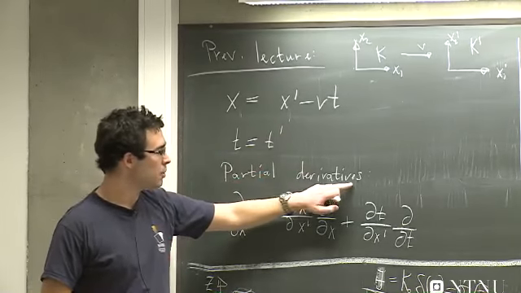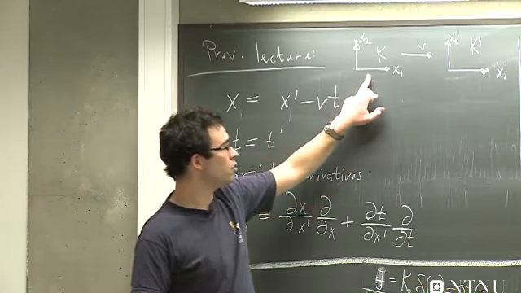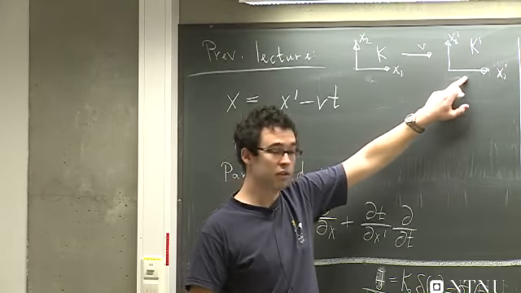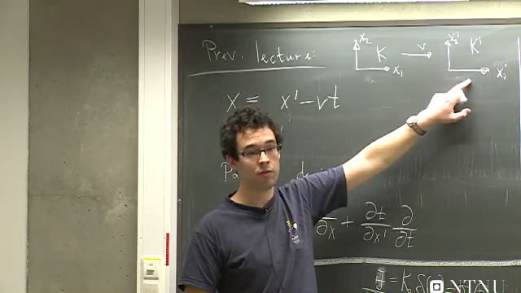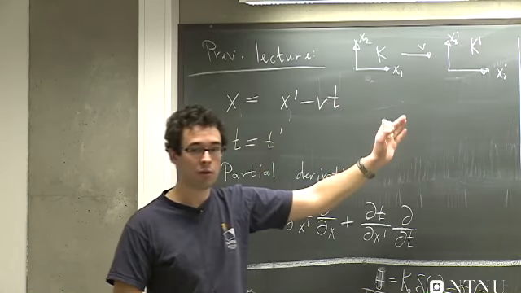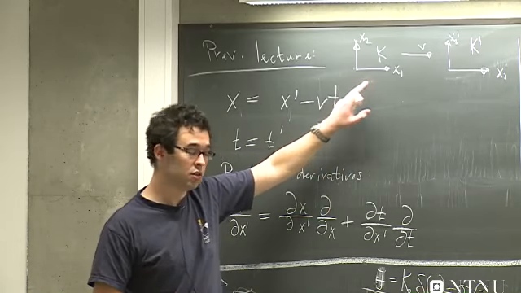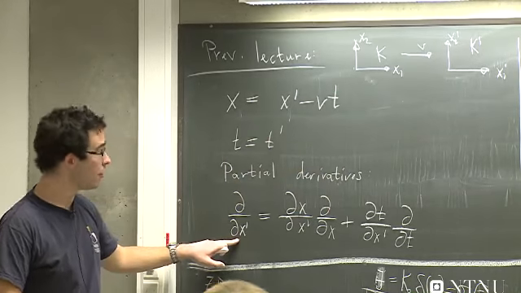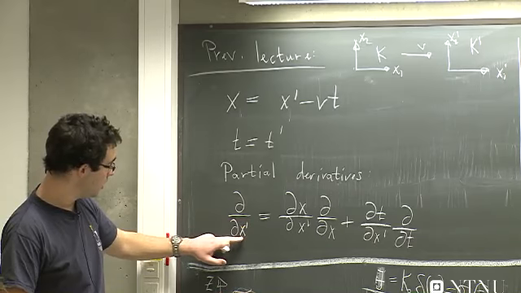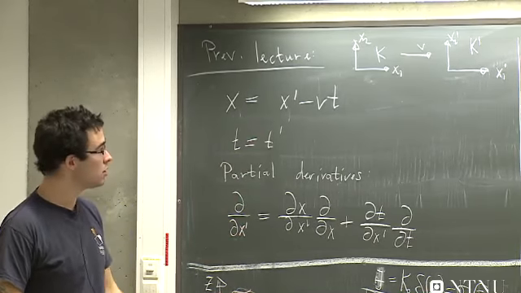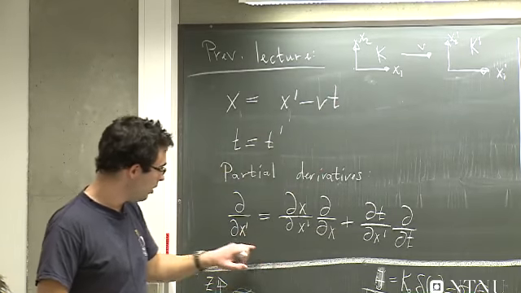Now, we wanted to express the partial derivatives in this coordinate system, which was the system in which we were considering the wave equation from the start, using the partial derivatives in this system. And then we did an expansion like this, like d dx prime, where x is one of the three x's in K and K prime.